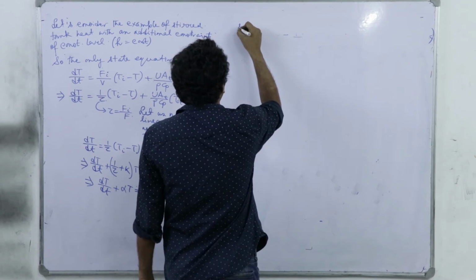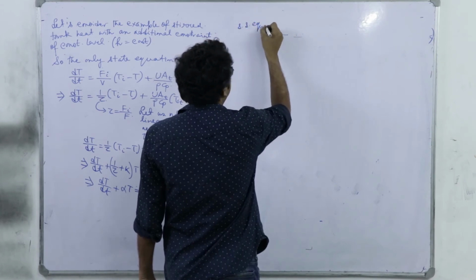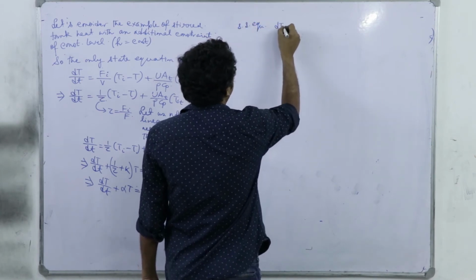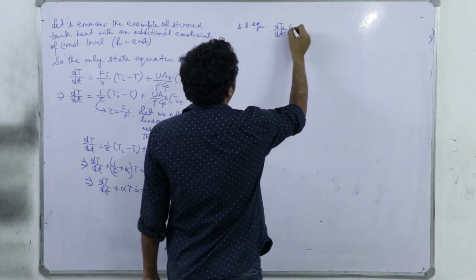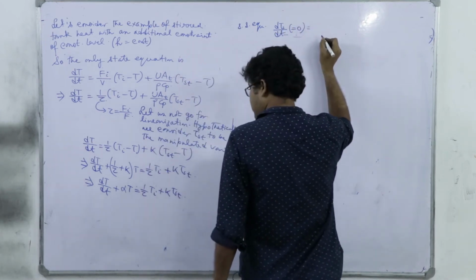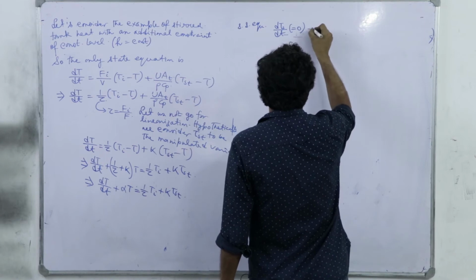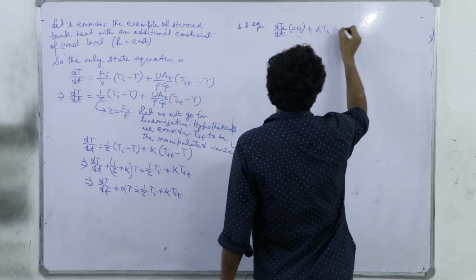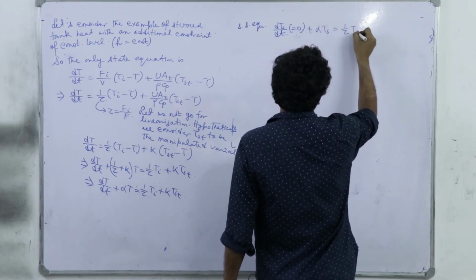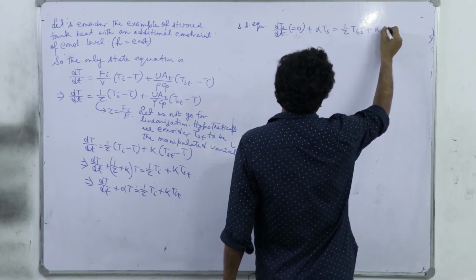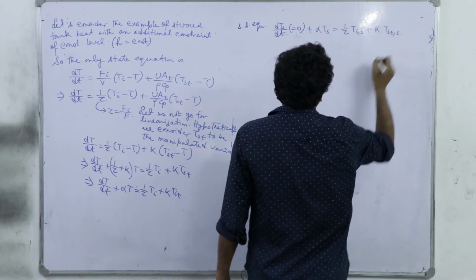So, the steady state equation is dTs/dt, which is 0, plus alpha Ts equal to 1 by tau Ti,s plus k Tst,s.